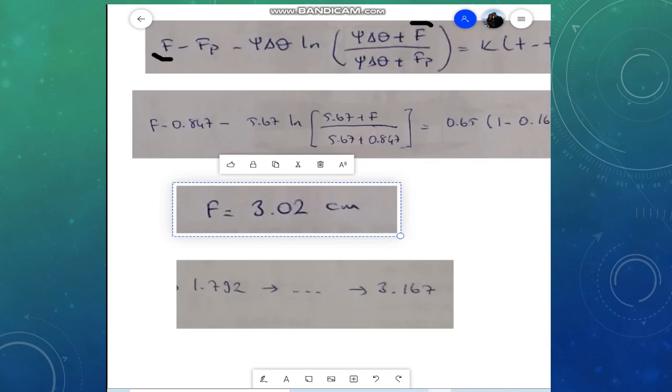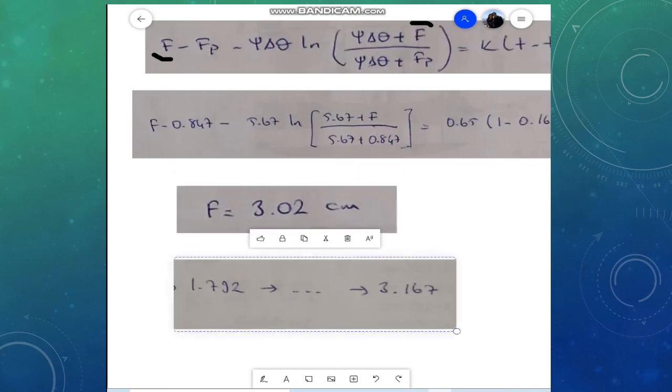in 5 centimeter per hour intensity of rainfall. This is because in the first example, we didn't account for any ponding. We said all the rain comes and goes inside the soil. That's why we found 3.167.